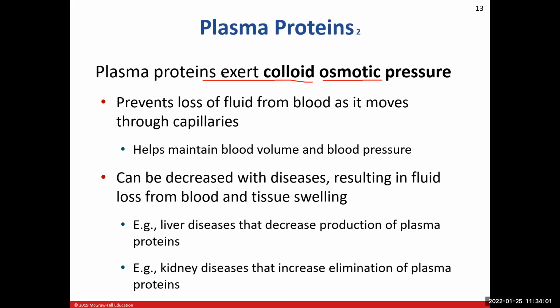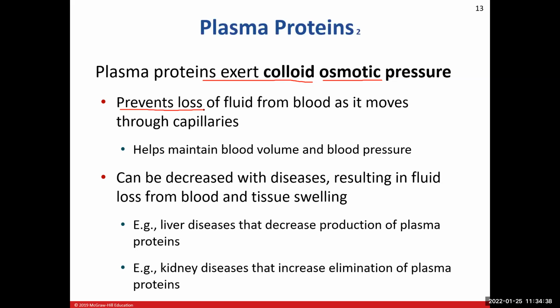So the colloid osmotic pressure helps to prevent water loss or fluid loss from the blood. Think of these plasma proteins like magnets, and they're going to help attract fluid towards them. Remember, capillaries are very thin structures. They're one cell layer thick, squamous epithelium. So for our purposes, capillaries can be what we call leaky.